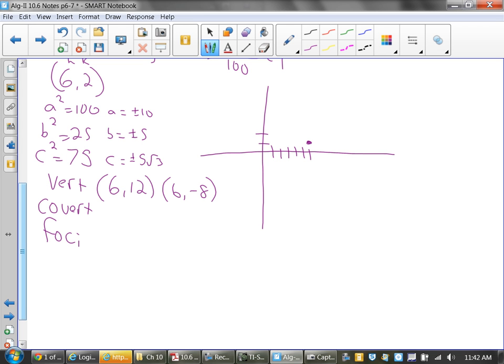Add 10 to 2, subtract 10 from 2. The B value is always the distance from the center to the co-vertex. Now I'm moving left and right, so I'm adding plus or minus 5 to the x coordinate. So it'll be at 11, 2, and 1, 2.